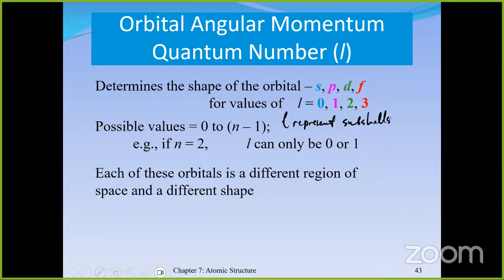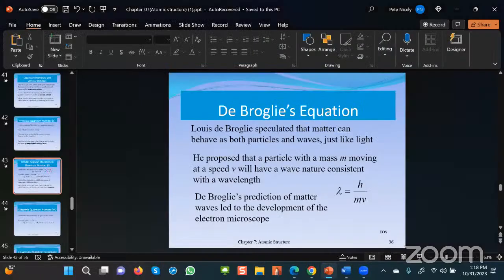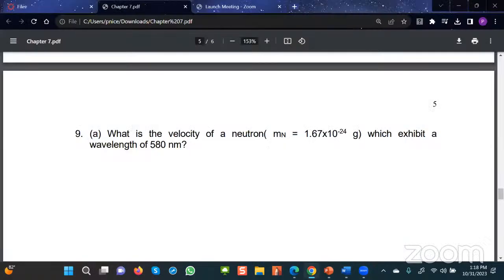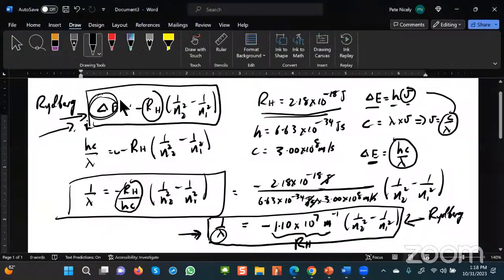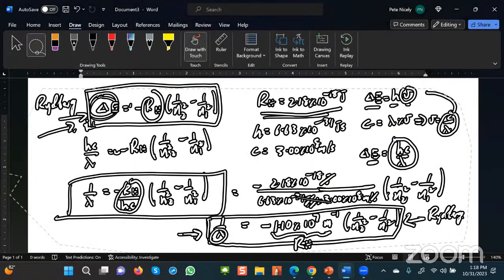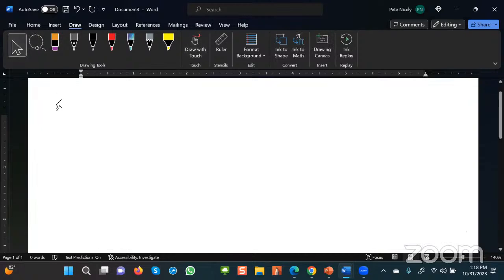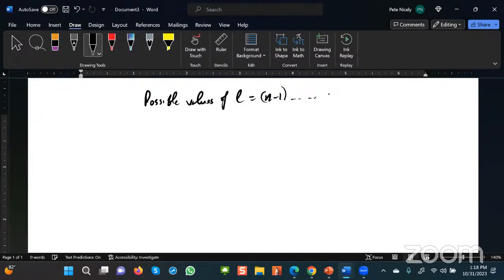Let me give another example. Remember I said that the possible values of L would be all integers from n minus 1 to 0, right?